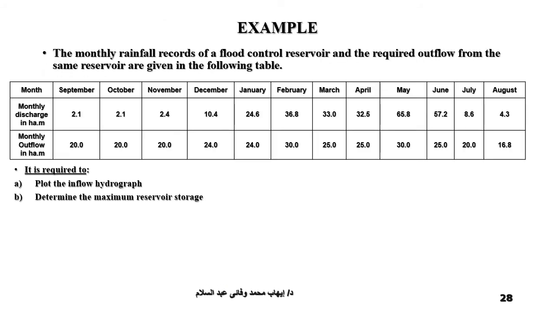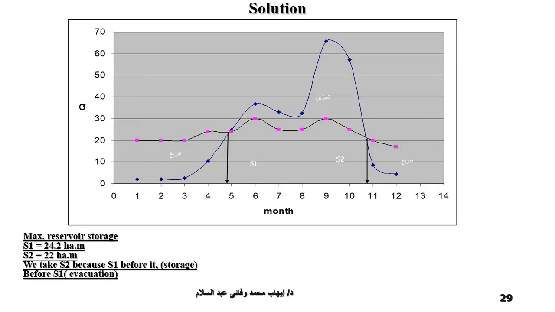Example: the monthly rainfall record of a flood control reservoir and the required outflow from the same reservoir are given in the following table. Month of the year, monthly discharge and monthly outflow. It is required to plot the inflow hydrograph and determine the maximum reservoir storage. We draw the relation between Q and month.